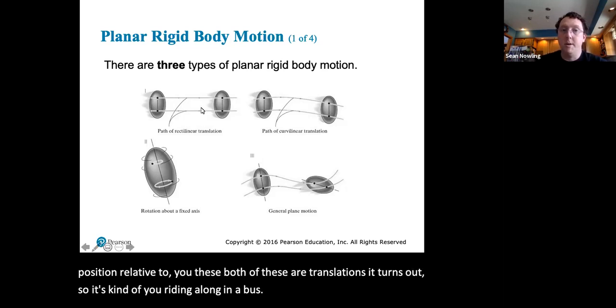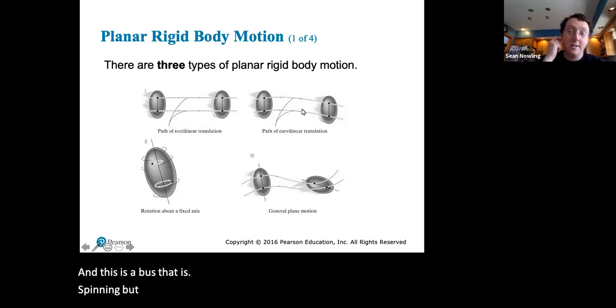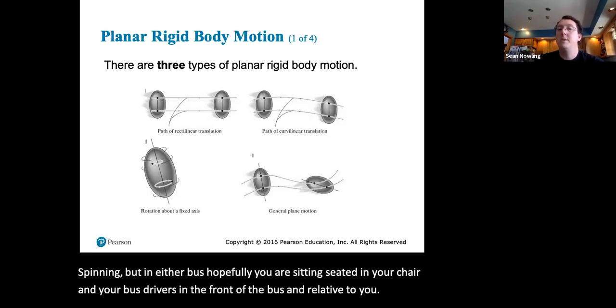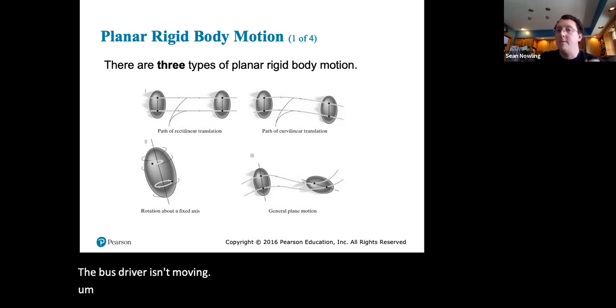I suppose this is a bus sliding straight sideways, and this is a bus that is spinning. But in either bus, hopefully, you are seated in your chair and your bus driver is in the front of the bus, and relative to you, the bus driver isn't changing position. So those are both translations.